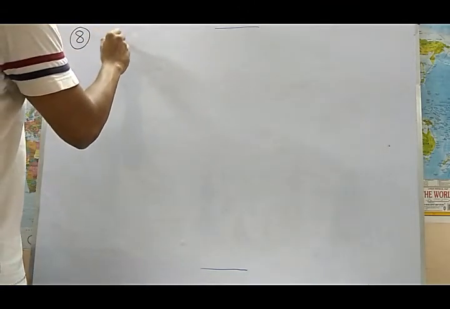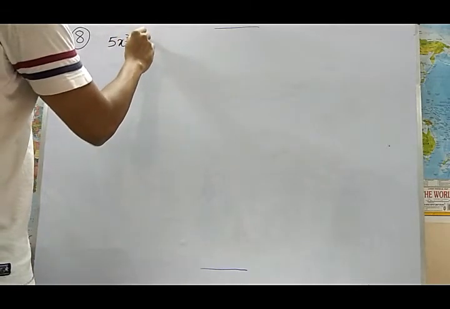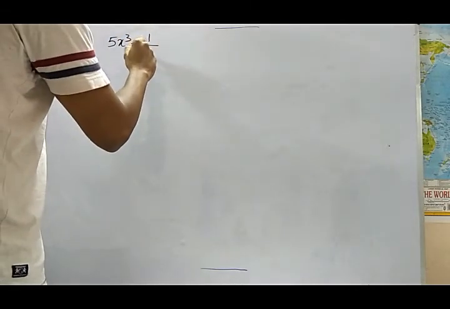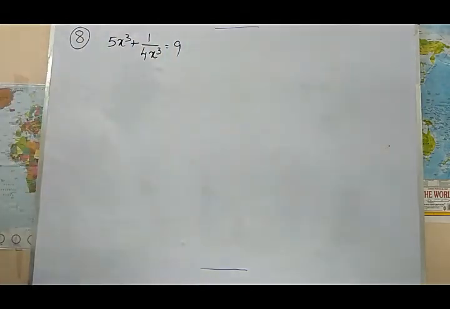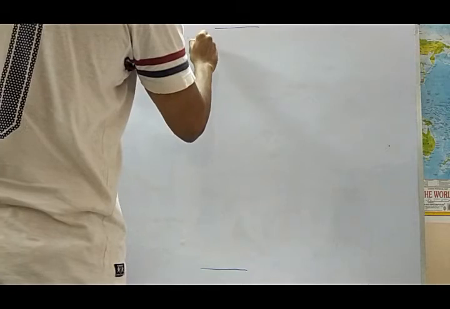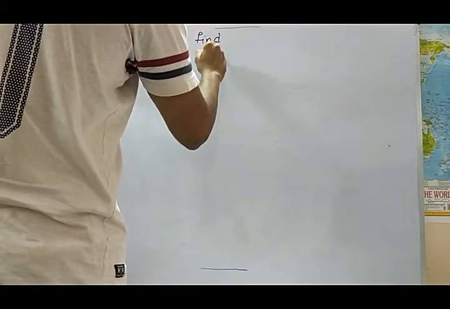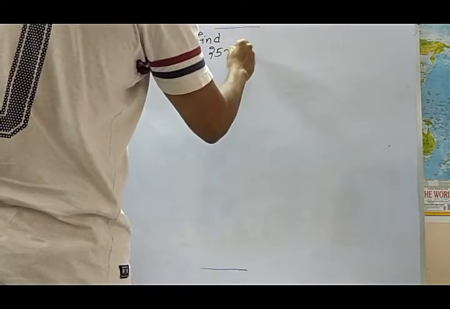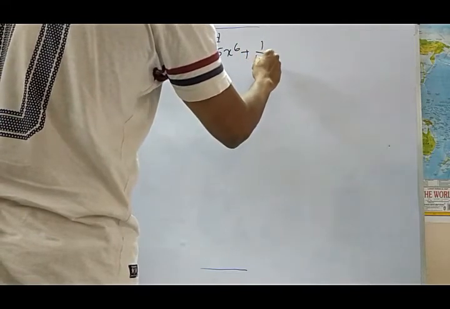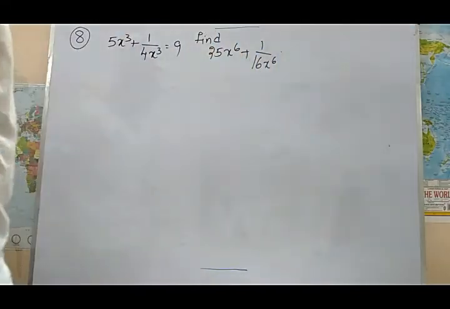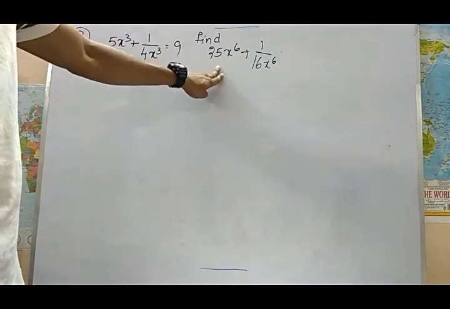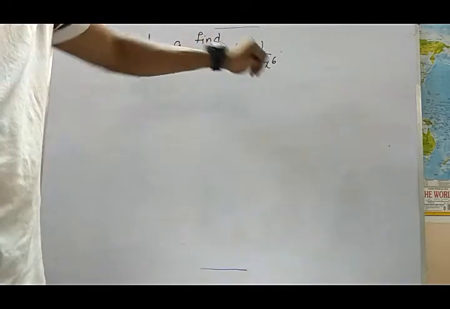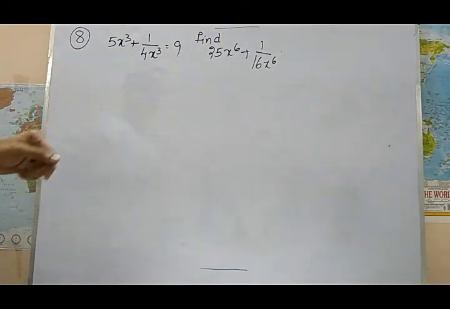So the question is 5x cube plus 1 by 4x cube equal to 9, and they will ask us to find 25x power 6 plus 1 by 16x power 6.